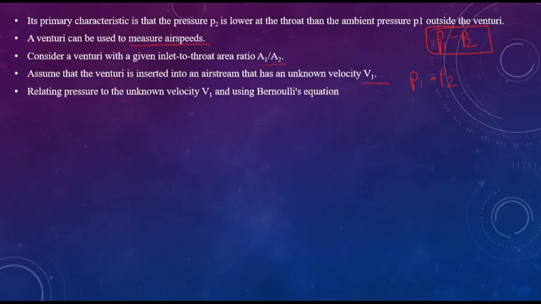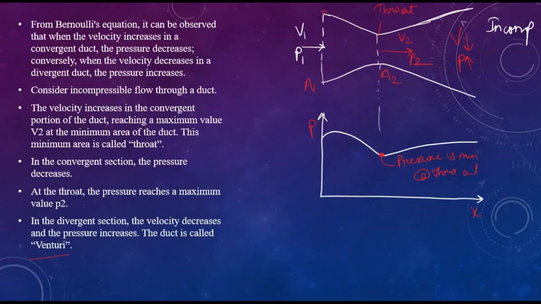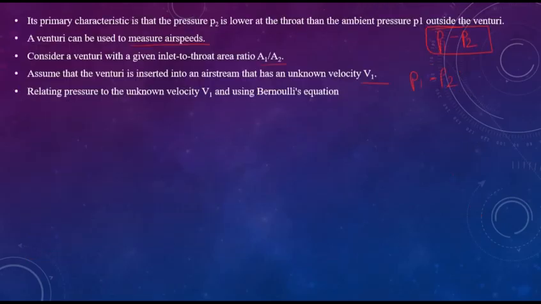So we place the holes at the inlet and the throat and put pressure tubes over here and connect that to a differential pressure gauge, or we connect it to a U-tube manometer.